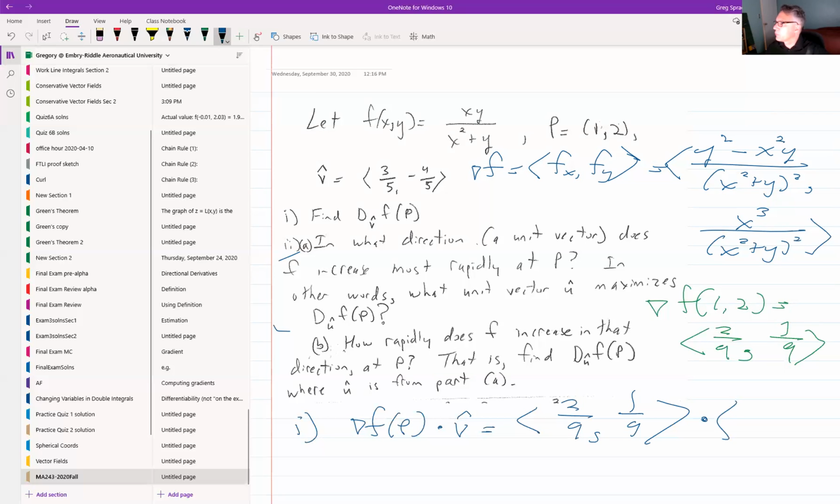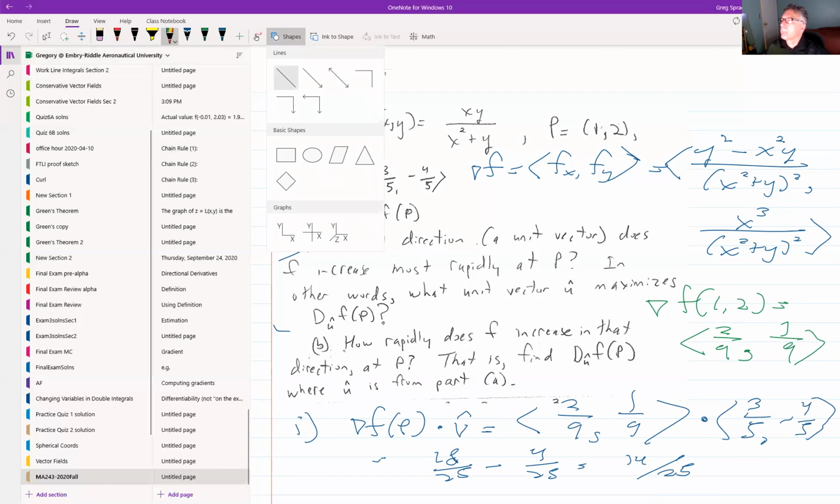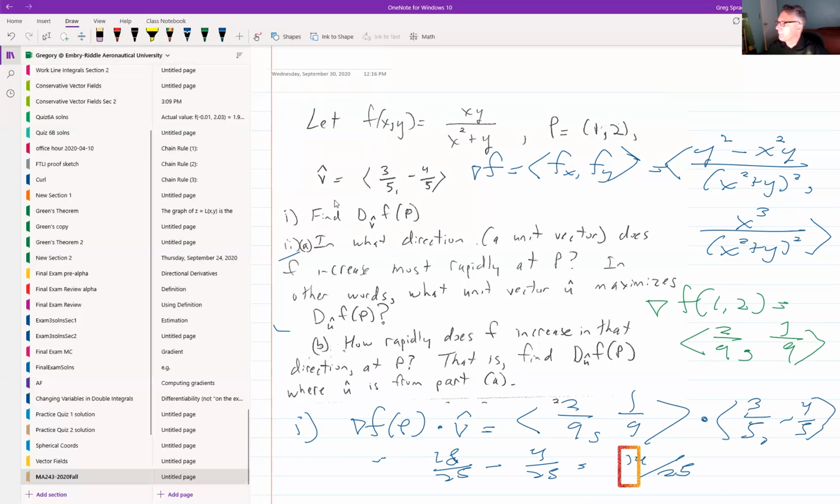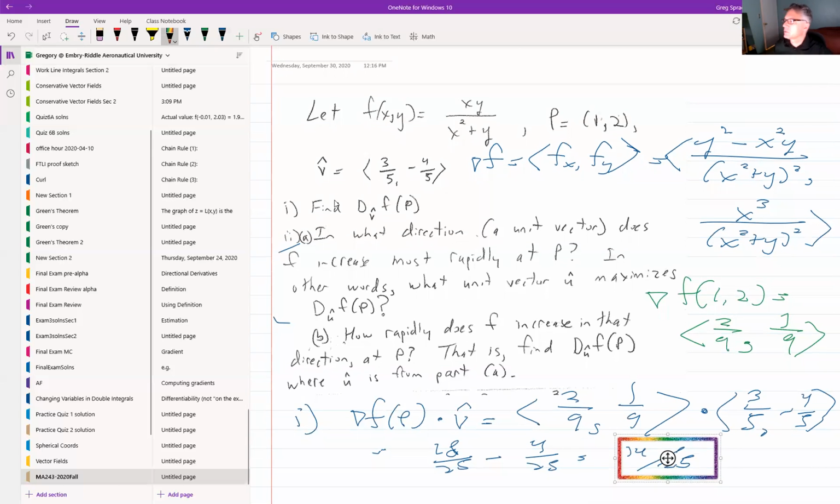So we take the dot product with our unit vector, and we get 18 over 25 minus 4 over 25, which is 14 over 25. Okay, that's the first answer.